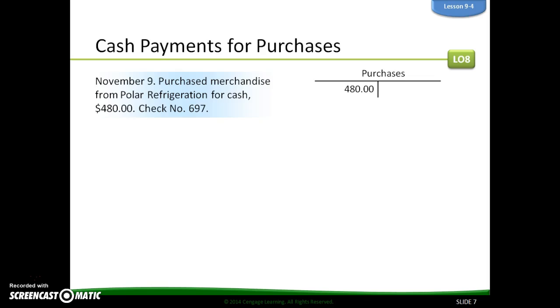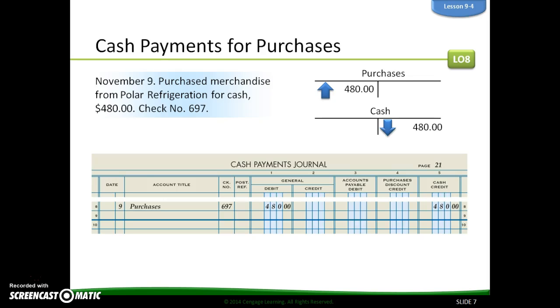Here I'm looking at purchasing merchandise from Polar Refrigeration for cash, $480, check number 697. Purchases are my debit, and my debit is an increase for purchases. I'm going to credit cash, which means I'm reducing the amount of cash in my account.